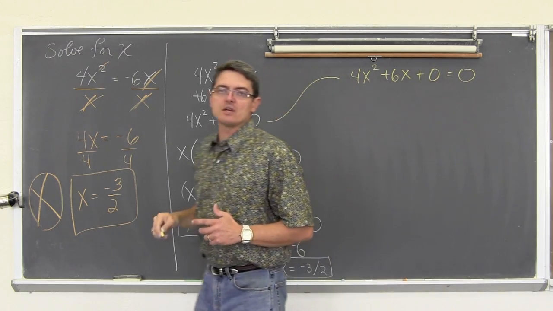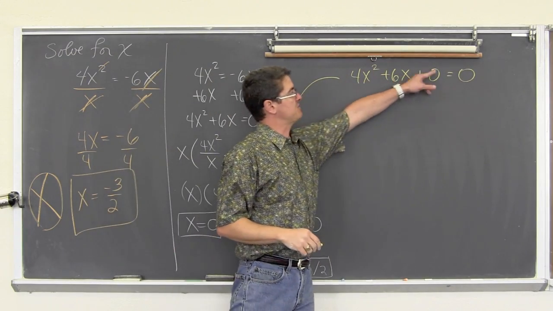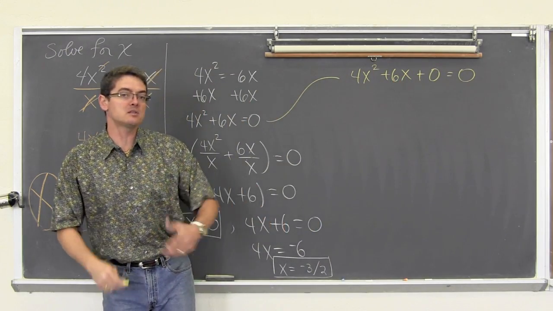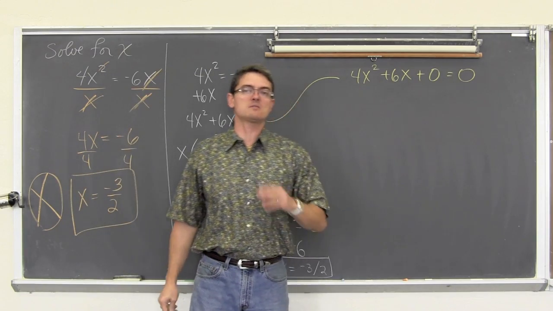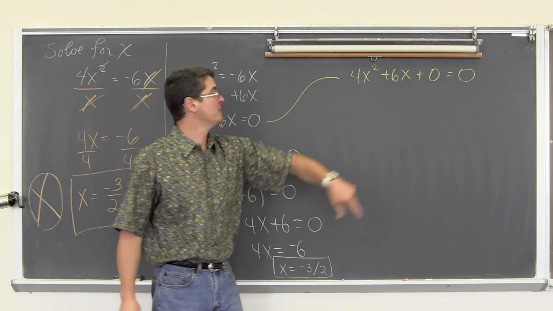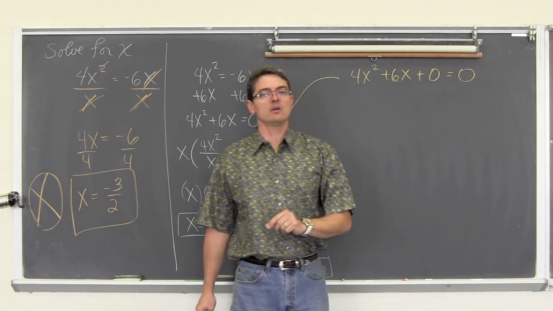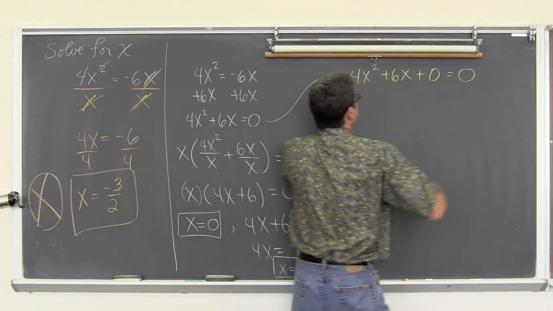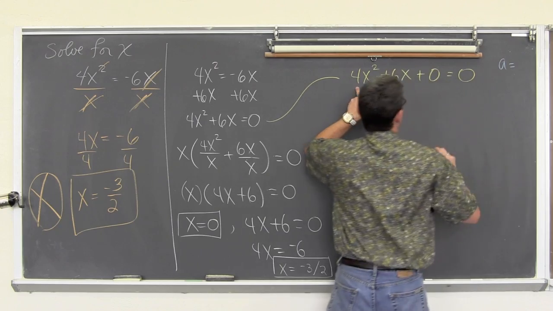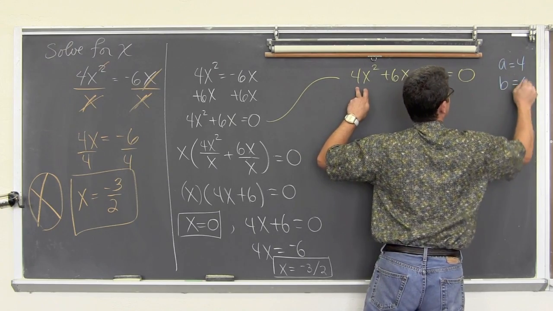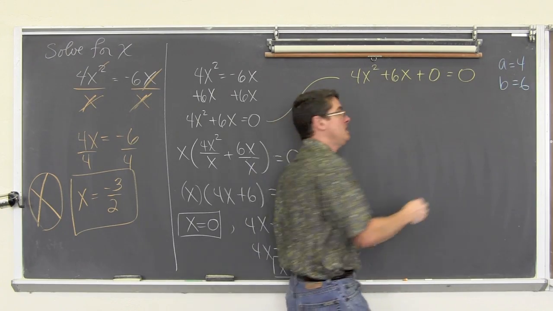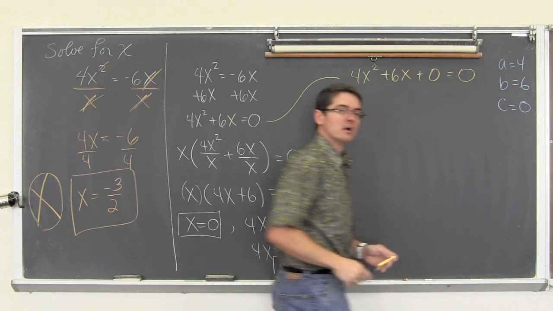when you set up to use the quadratic formula, your exponents have to count down by 1. Your degrees of each of the terms must be decreased by 1 as you go from high to low. Exponent degree of 2, exponent degree of 1. Constants have a degree of 0. That means that A is going to be equal to 4, B 6, and then C 0.